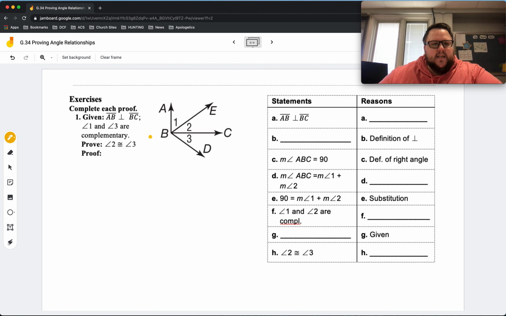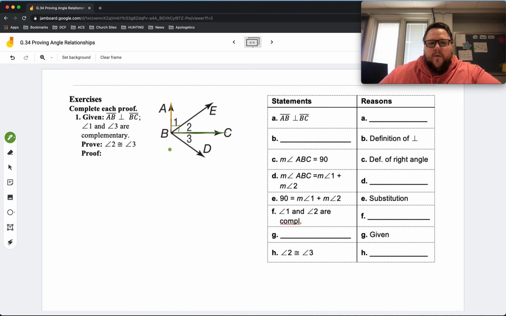The first one: complete each proof. Segment AB is perpendicular to BC. So we have AB here, and then we have BC here. They're perpendicular, so we know that they form a 90-degree angle.